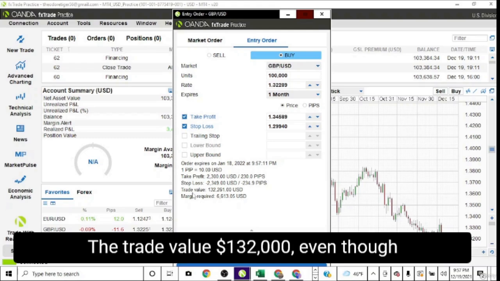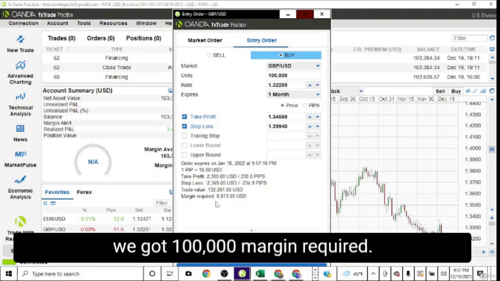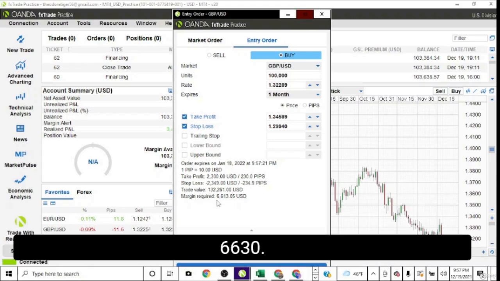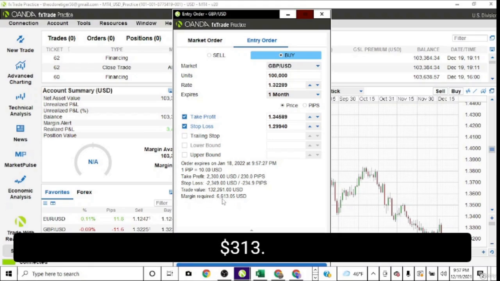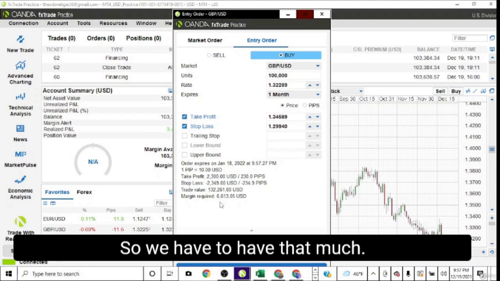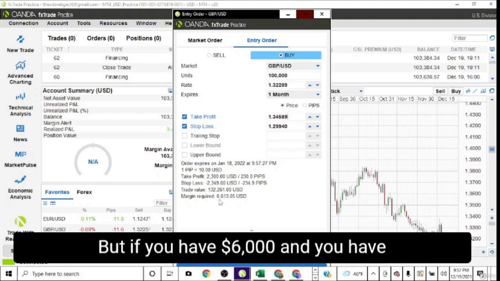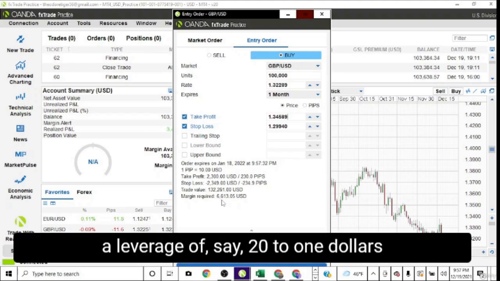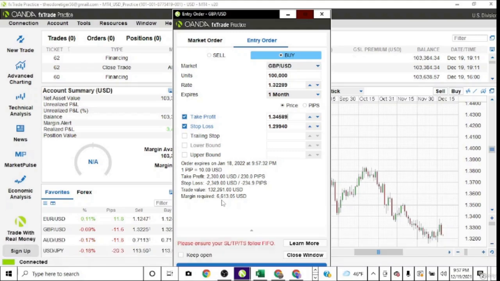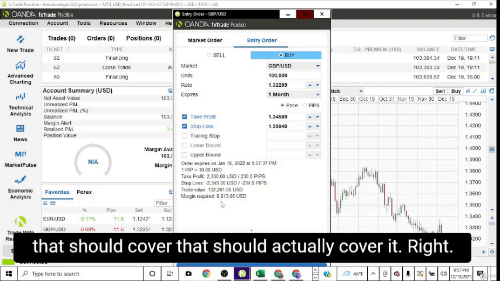The trade value is 132,000. Even though we got 100,000, the margin required is $6,633.13. So we have to have that much. But if you have $6,000 and you have a leverage of say 20 to 1, that should actually cover it, right?